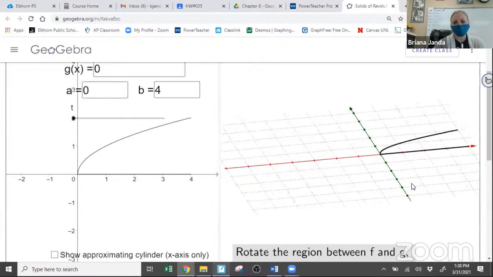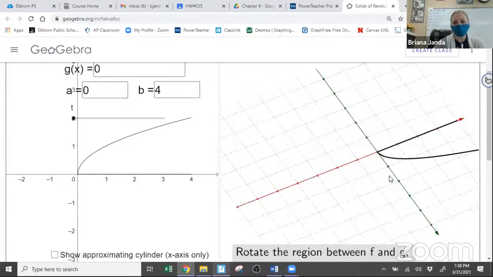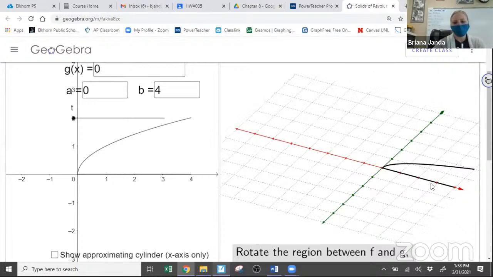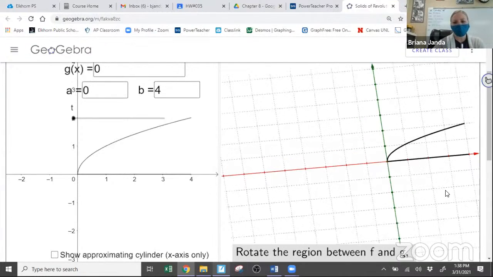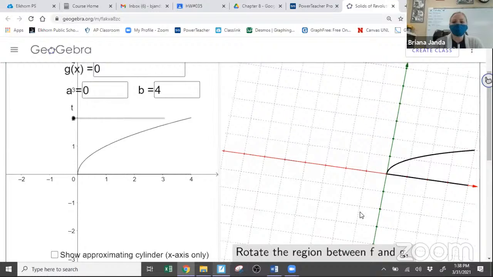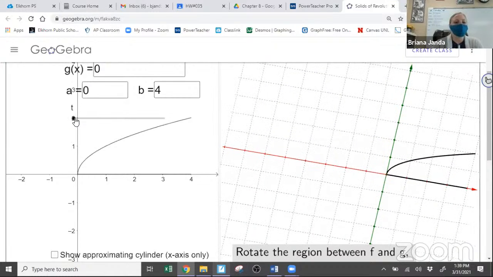Oh, and here's the problem with our three-dimensional, it gets a little crazy here. Sorry, I just want to slide over. There we go. Okay. And so what's going to happen as I do this is I'm going to start revolving it, and you'll see the result happening in our picture as I start revolving this around your axis.